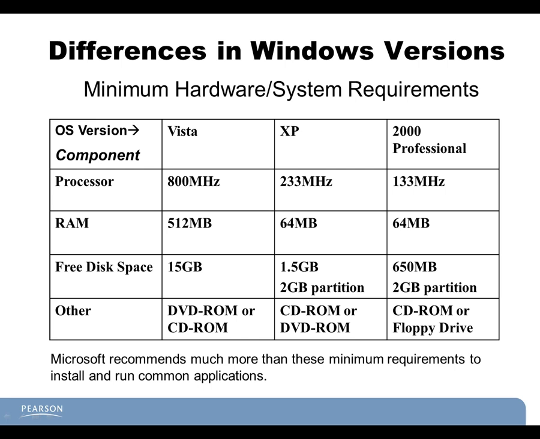But these are the actual minimums that you need to install it. And a DVD or CD for all of them. I kind of hate that they put that in there, just for one reason. You actually could get XP on a set of floppy disks. You needed quite a few of them, and it took forever if you had to install it that way, but it was possible.